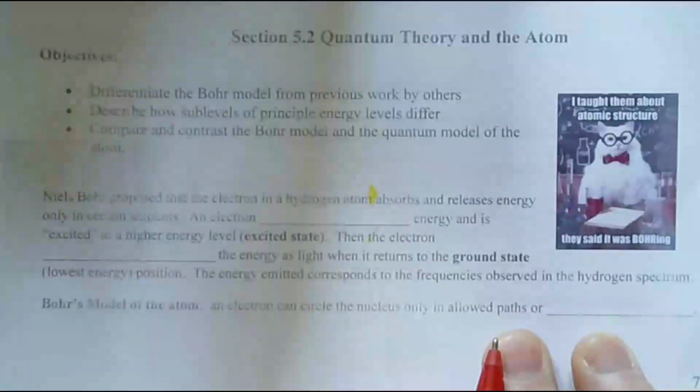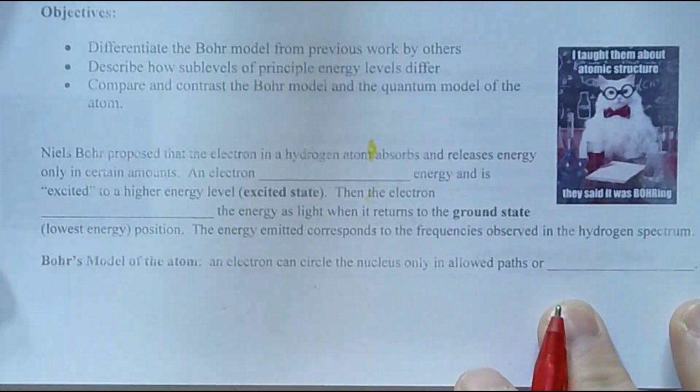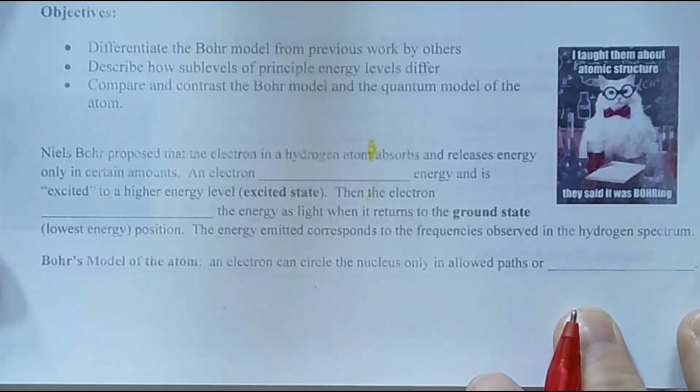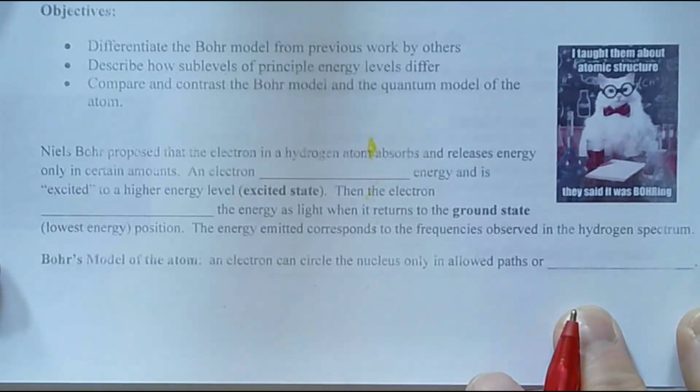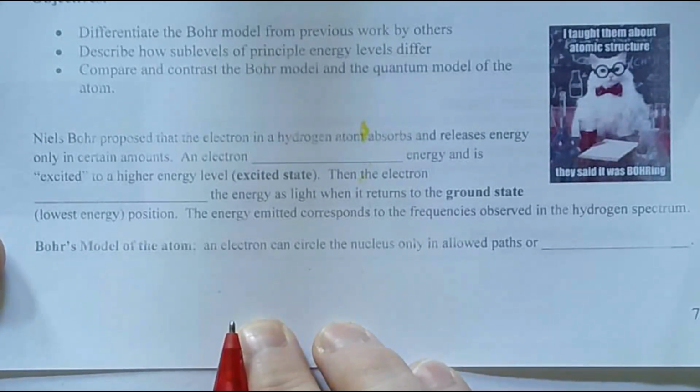So when we last left off with the atomic models, it was the Rutherford model. If you recall, Rutherford did the gold foil experiment, and he found that the atom was mainly empty space. You had a small positively charged nucleus, and then you had electrons orbiting outside the nucleus.